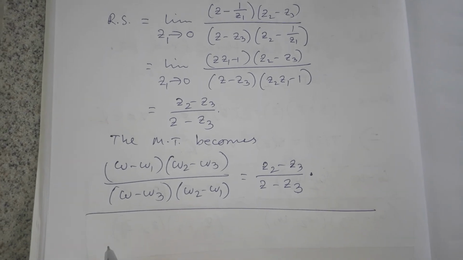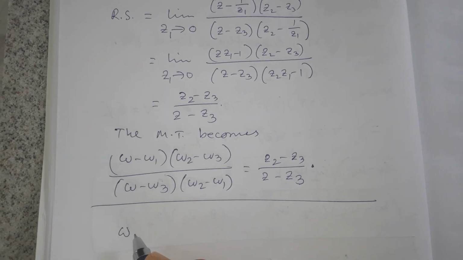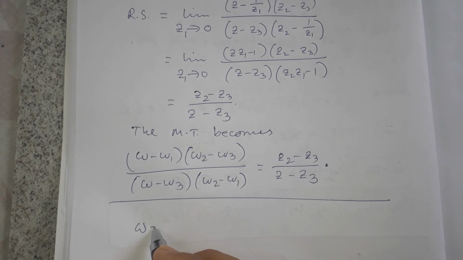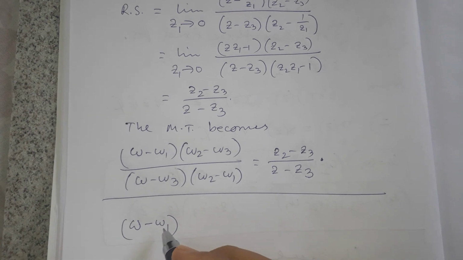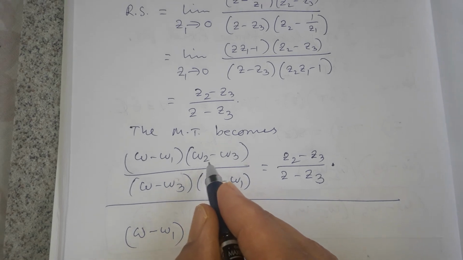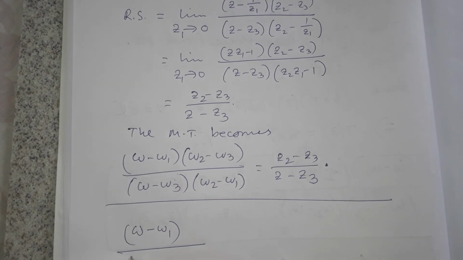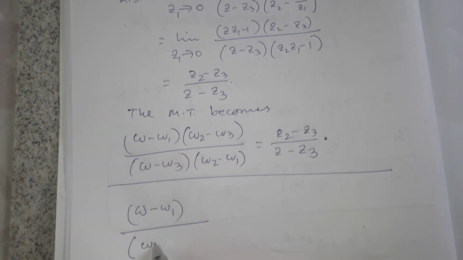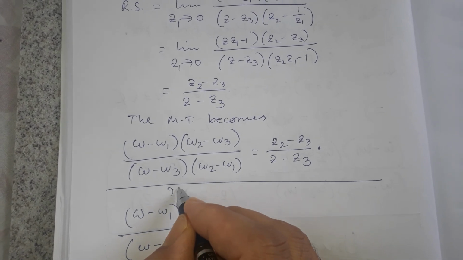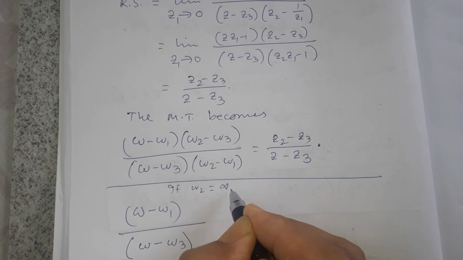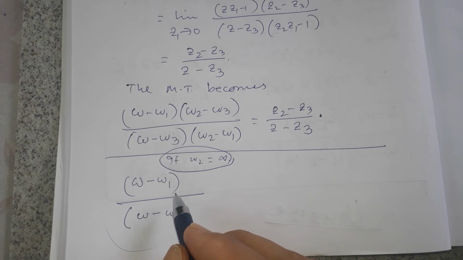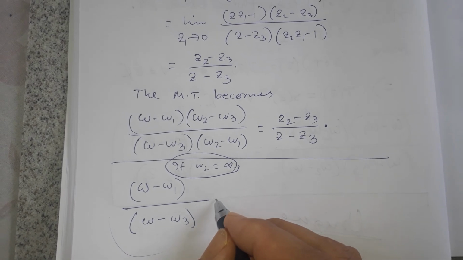For example, suppose W2 is infinity. Then what will be the corresponding Mobius transformation? It will be W minus W1 over W minus W3 on the left hand side, because W2 is infinity, so the terms having W2 are cancelled out.